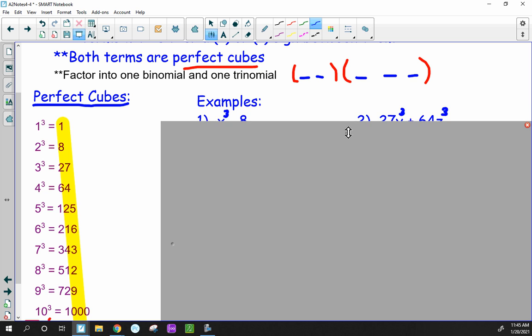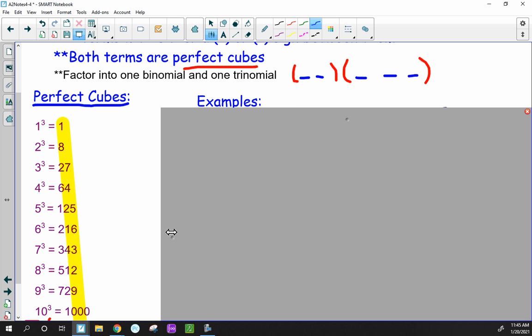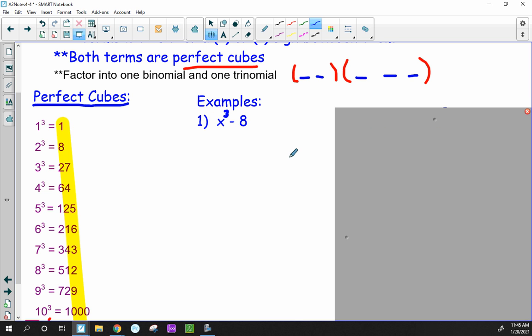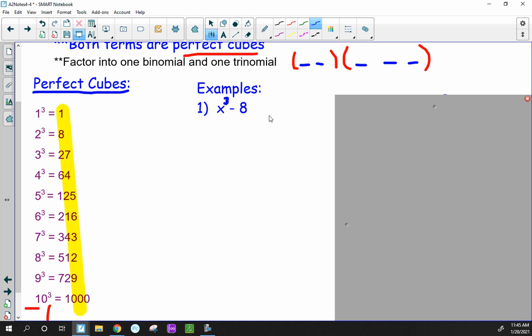Again, there is a pattern to follow for these questions, and I'm going to model the example for you, and then I'll type it out. I want you to make sure that you're writing down all of the patterns, like the notes I make, into your notebook. Example 1 is x to the third minus 8. You notice that there are two terms. The power is 3, which is good, it's a cube.